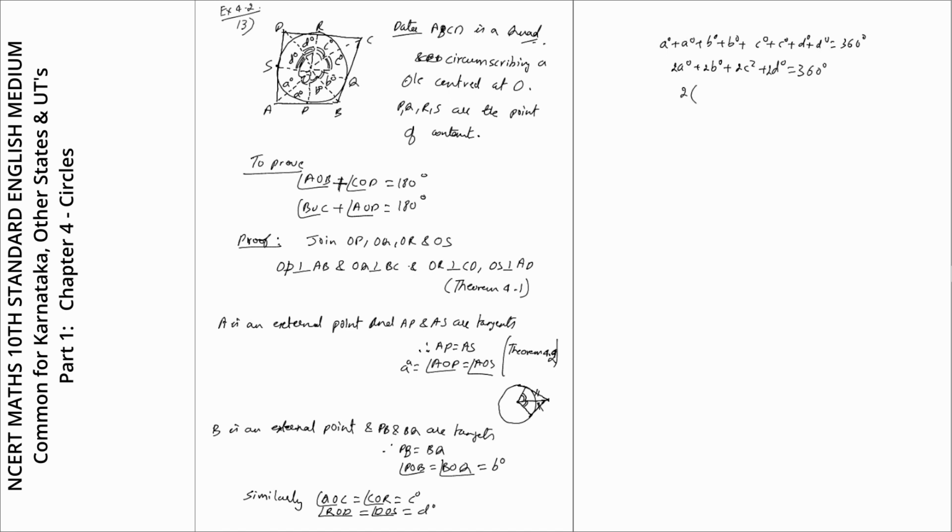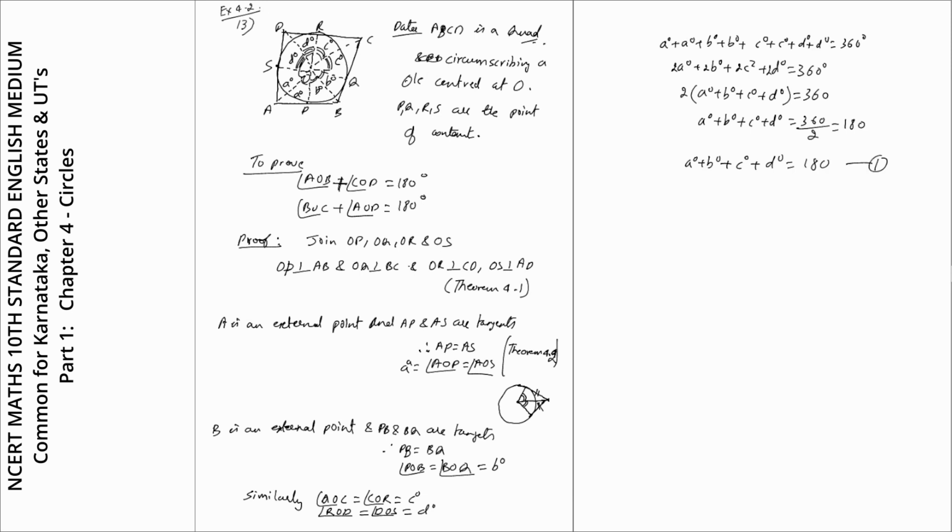Now I'll take 2 common: 2 times (A plus B plus C plus D) is equal to 360. Therefore A plus B plus C plus D is equal to 360 by 2, which is equal to 180. I'll mark this as 1.